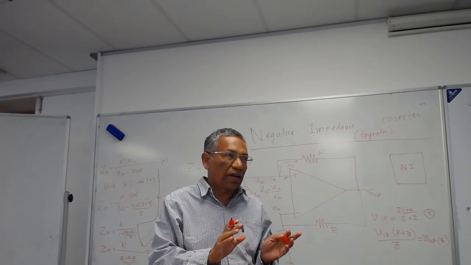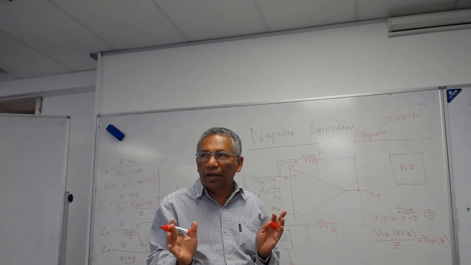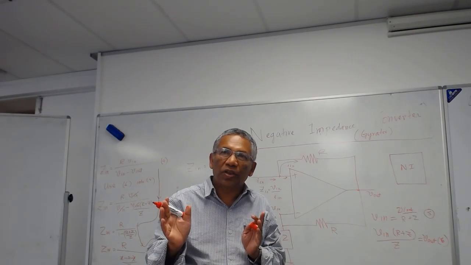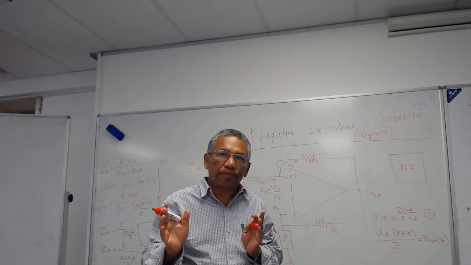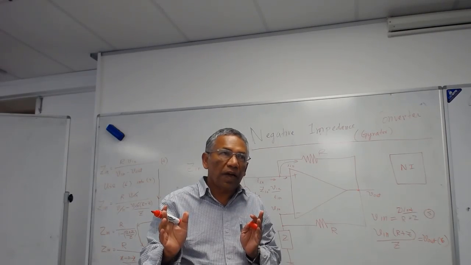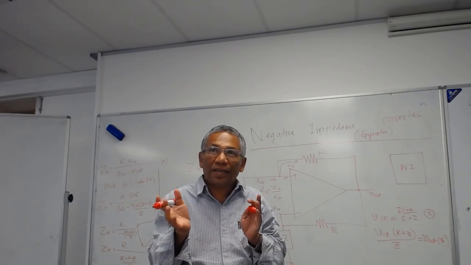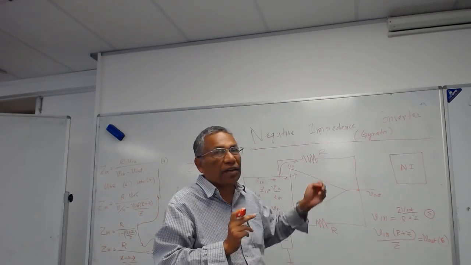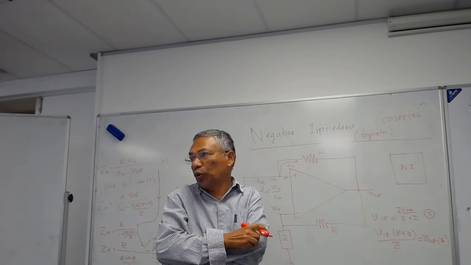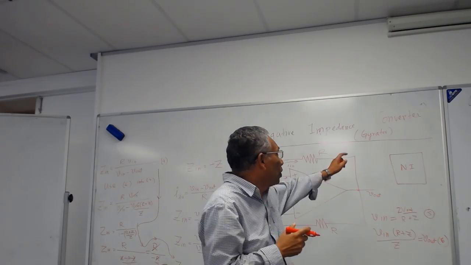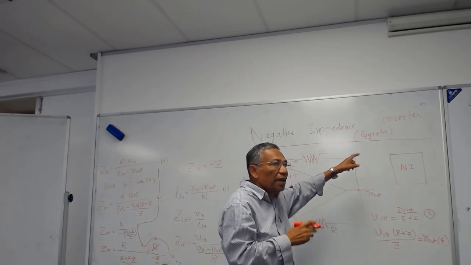This mathematical deduction has a similarity with a gyroscope. You know a gyroscope in mechanical? That gyroscope has some resemblance with the gyrator. I'm not going to go into that, but this is called a gyrator and it has that resemblance.